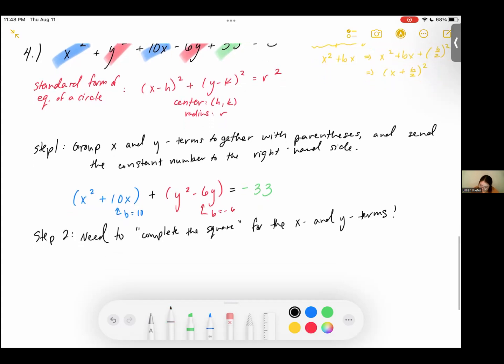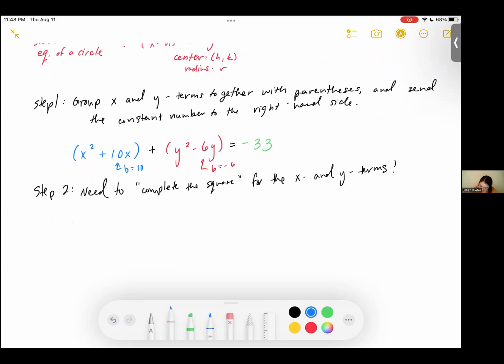So that's what we're going to do. We're going to scroll down a little bit here. So we have x squared plus 10x. And remember, we're completing the square. We're adding a strategic constant. We are adding b divided by 2 squared. And b is 10. So we're adding 10 divided by 2 squared. We are adding that value onto the end here.